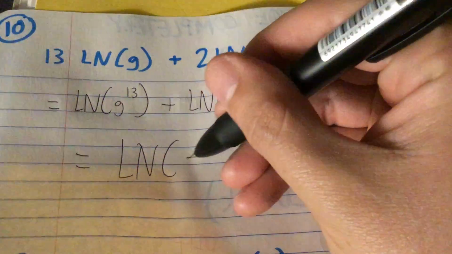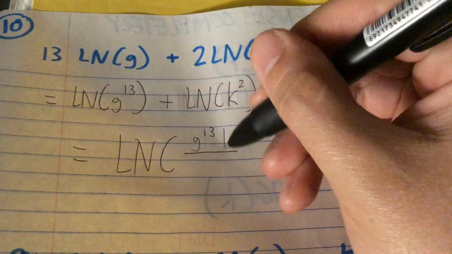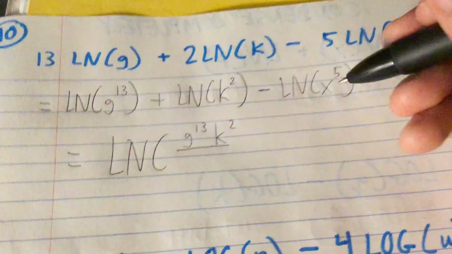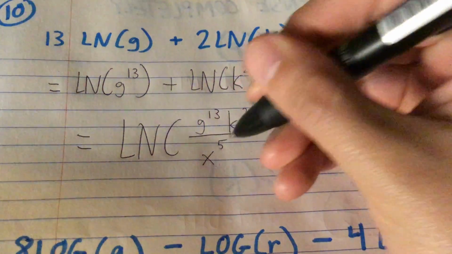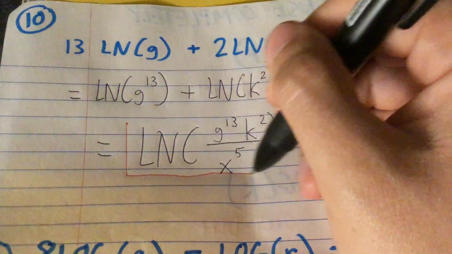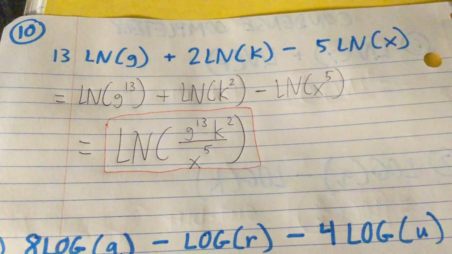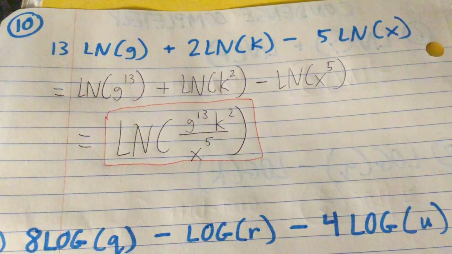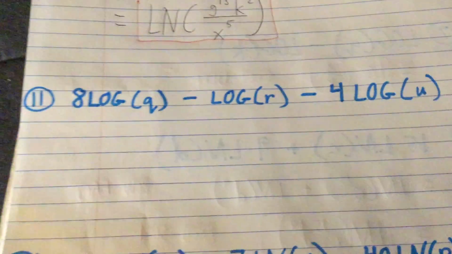Positives go on the top. So we've got g to the 13th, k squared, and x to the 5th is a negative, so we're going to put that on the bottom. And that is how you completely condense this logarithm. There you go. I feel like Bob Ross. There we go. Happy little condensed logarithms.